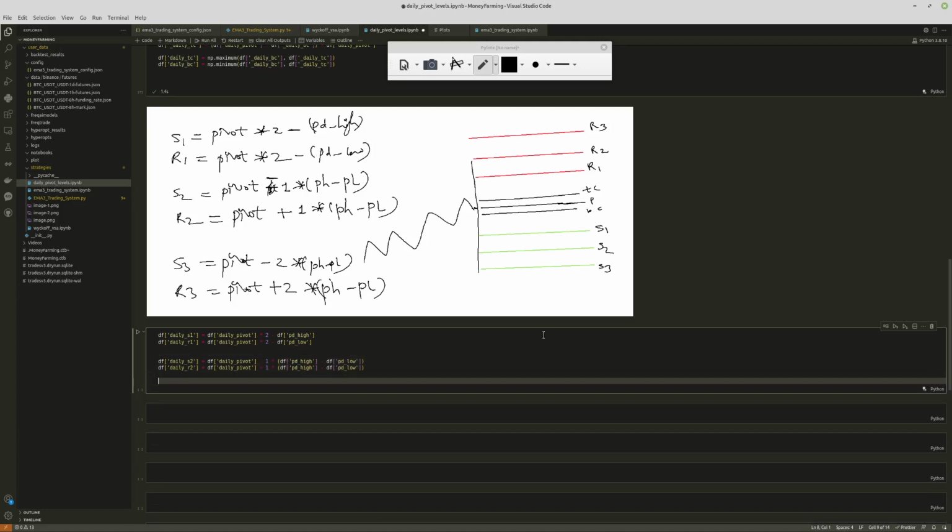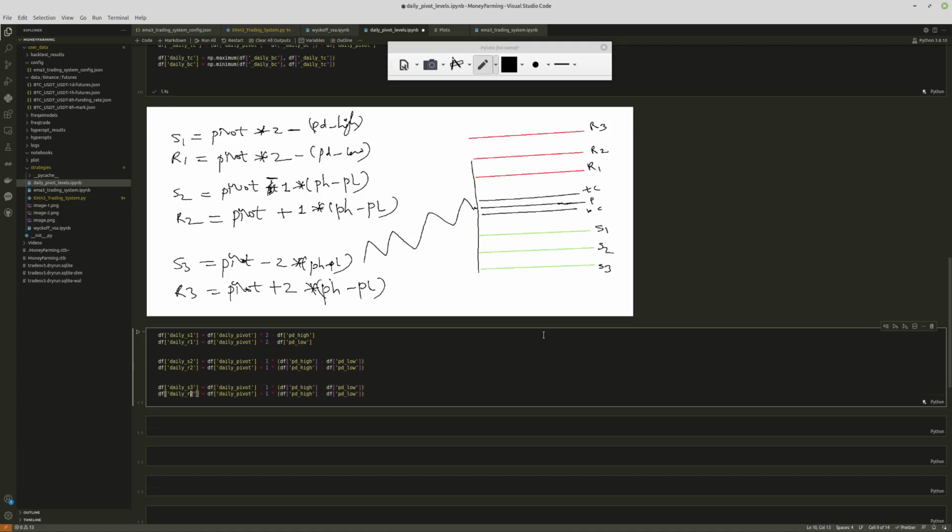Now we can do the same thing for S3 and R3, just replace it with 2.